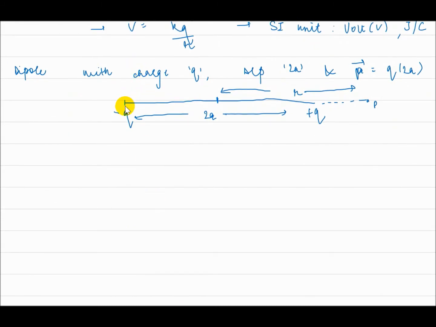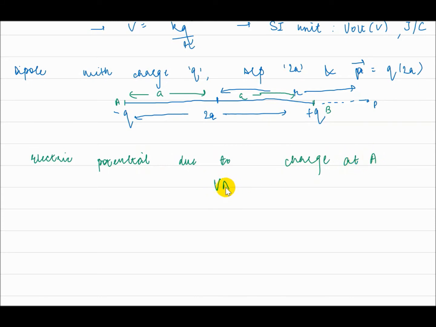We'll mark this point as A. We'll mark this point as B. This is distance a, and this is also distance a. So, electric potential due to charge at A is VA equals minus kq upon r plus a.